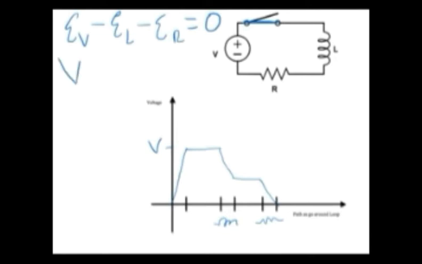Now let's plug in what these voltages are, and we get V minus L di/dt minus IR equals 0. One very important thing to notice is that the voltage drop for the inductor is proportional to the rate of change of current, and that's why it's called a choke.